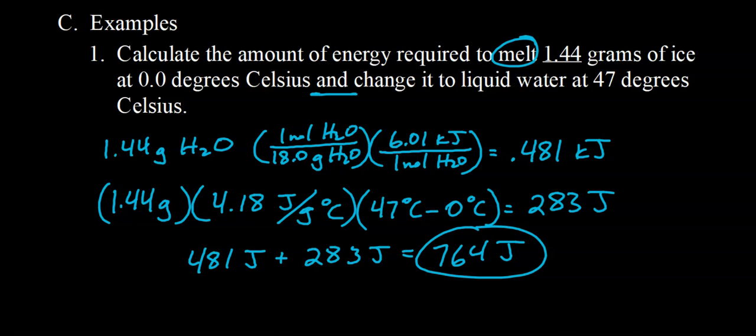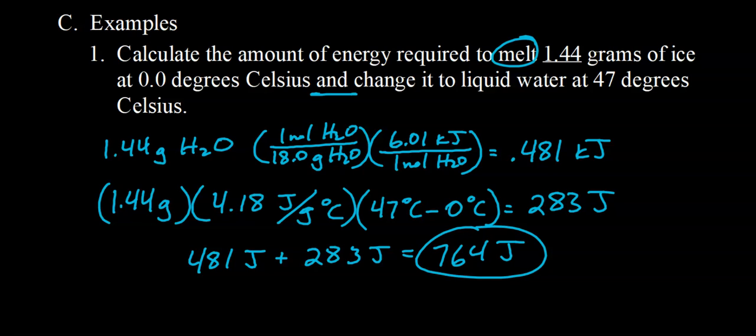So first step, use the heat of fusion to find out how much energy it takes to melt the ice. We get 0.481 kilojoules, I believe. Next, to heat the water from 0 to 47. So I just made that temperature change positive. Technically, it is TF minus TI anyways. But if it was cooling down, still just use the absolute value of the change in temperature is fine. We get 283 joules.